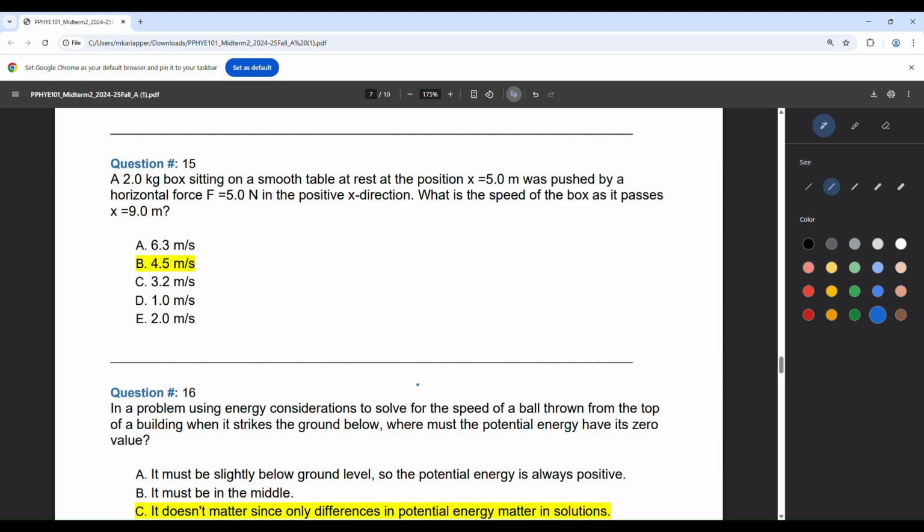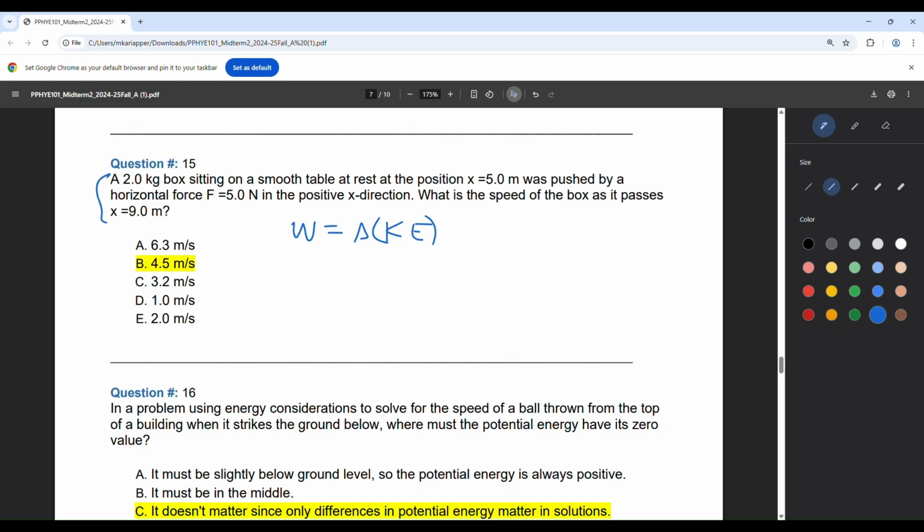If you do some work, all the work that you do will go into changing the kinetic energy. So there's a relationship between the work done and the kinetic energy. If you do some work, what happens? It will go on to change its kinetic energy. This has a name. This is the work kinetic energy theorem. So this is the one that we are going to use to answer this question.